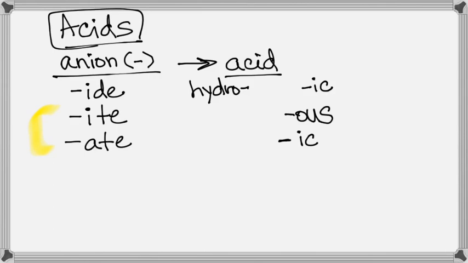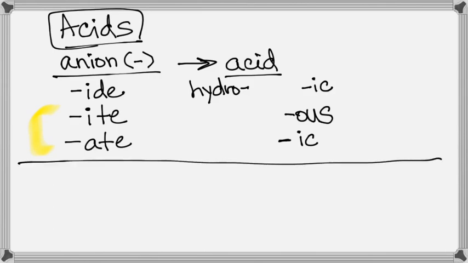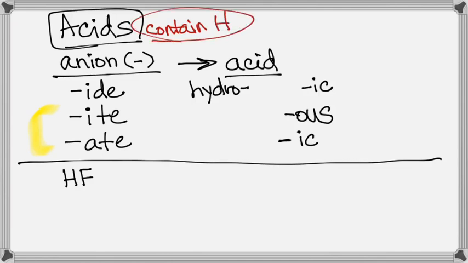So getting started with this, we're going to go through a couple of examples. If I gave you the acid HF, and by the way, all acids contain hydrogen, and the majority of the time hydrogen is listed first. So that's going to be 95% of the time.